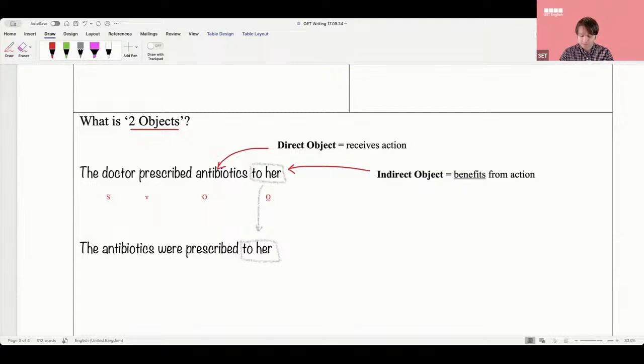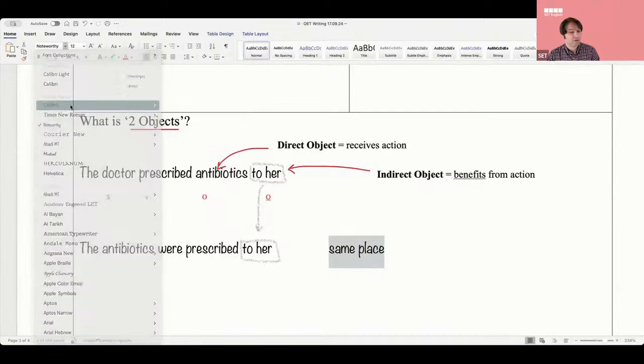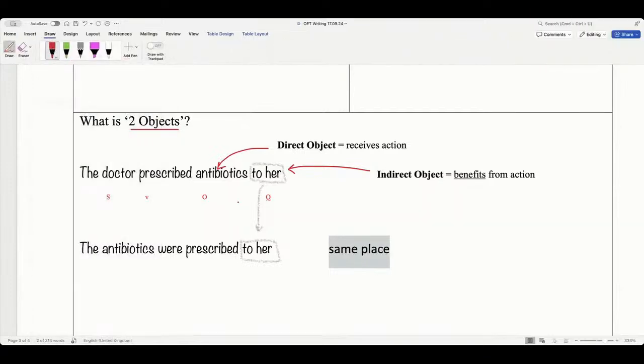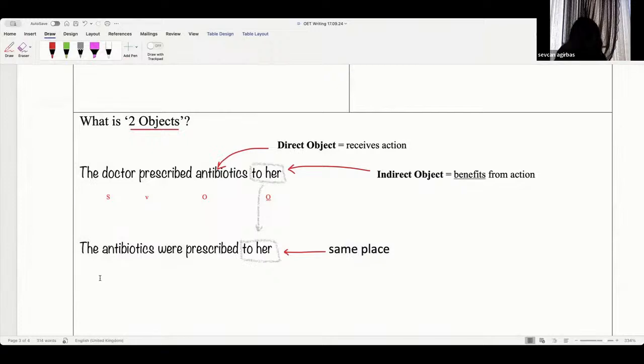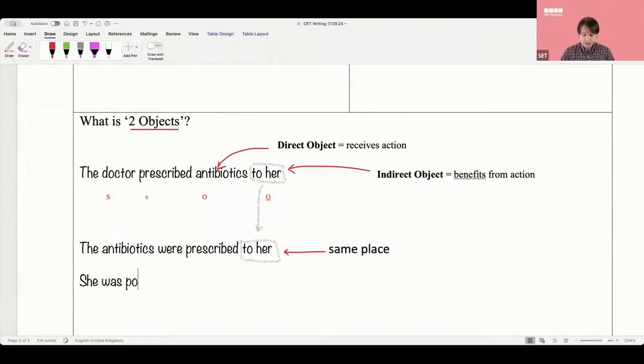Is it possible to start with she? Can I do it? What do you think? Yes. So she was prescribed.